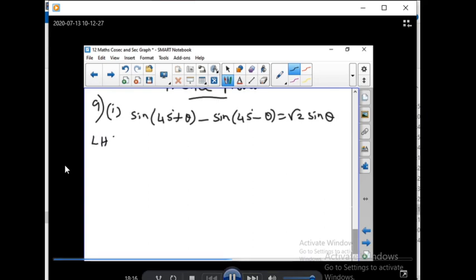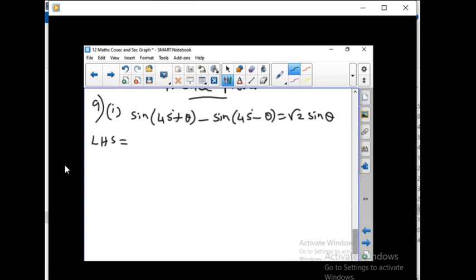Take the left hand side: sin(45 plus theta) is sin(alpha plus beta), and sin(alpha minus beta) we are going to use.